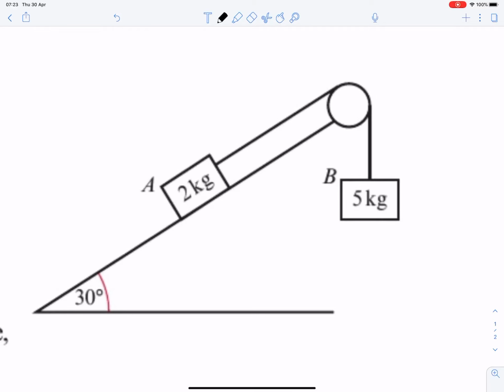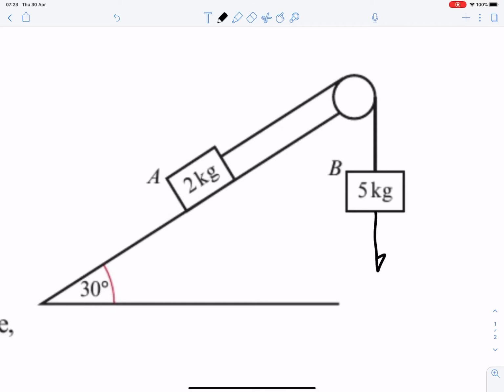Okay, so as usual, we need first of all to put the forces onto the diagram. So we have got 5g acting downwards, the tension in the string, and those are the same because the string is light and inextensible and the pulley is smooth.